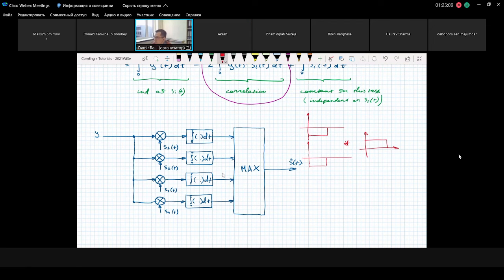Your question is absolutely right if we consider basis functions. This is slightly different because here we are considering the whole range of possible signals. And actually this implementation is very expensive, because if you imagine that you use QAM 1024, where you have 1024 possible signals, then you have to have a bank of correlators that contains 1024 correlators.